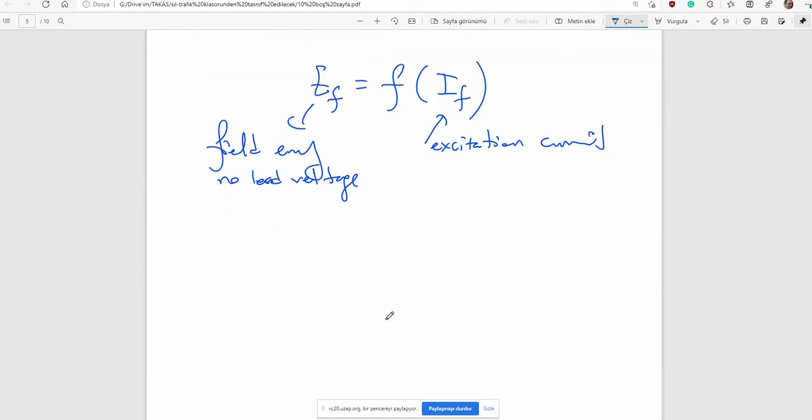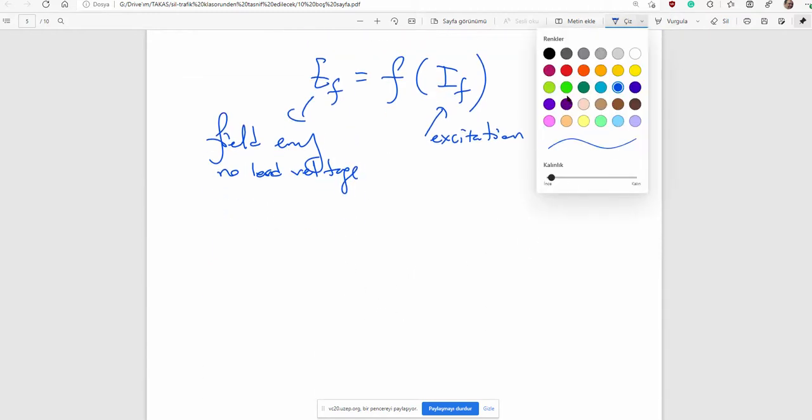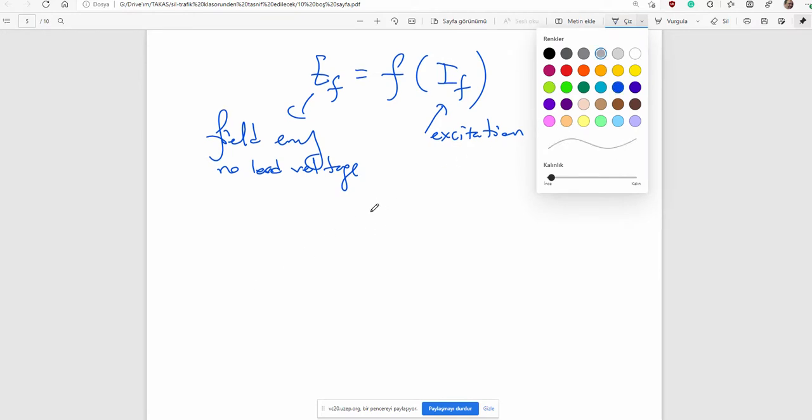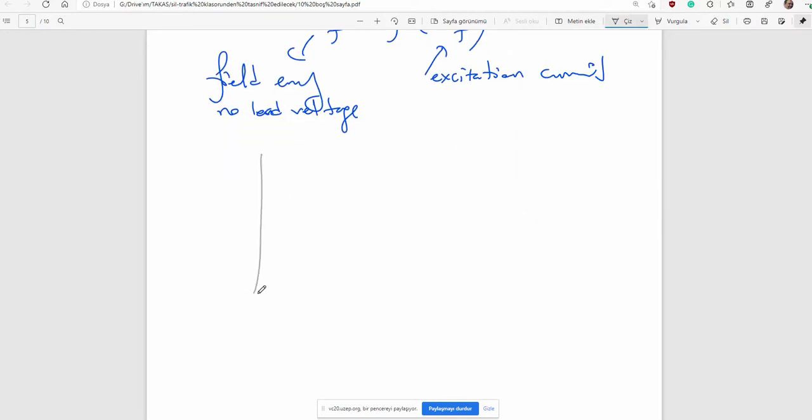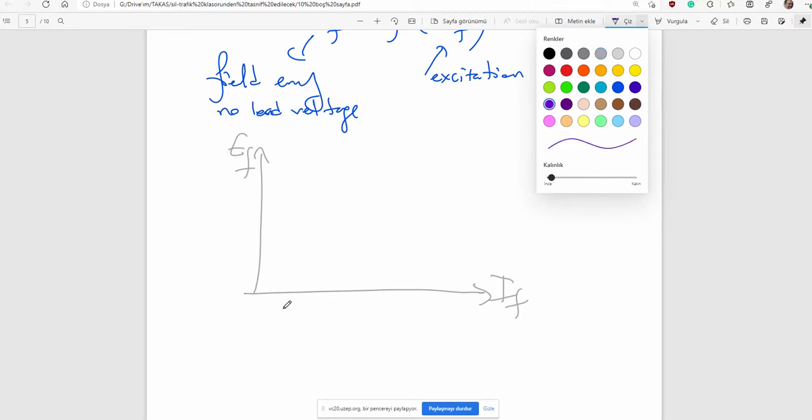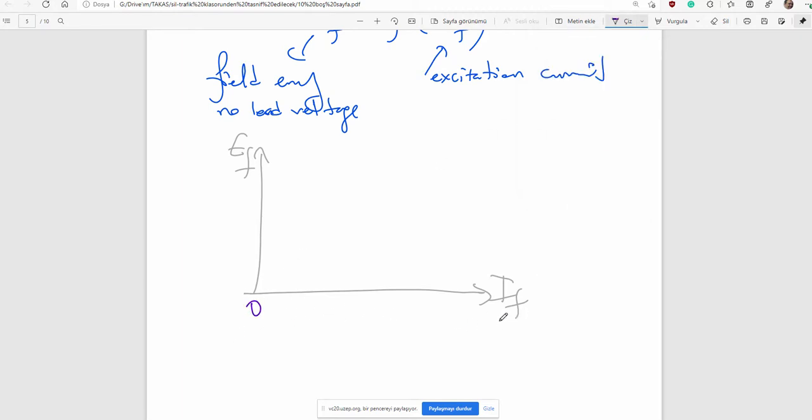That relation can be drawn like this: EF versus IF. Start experimenting from zero excitation and increase the excitation current. There is an increase in field EMF, and then after reaching some voltage, there is saturation.